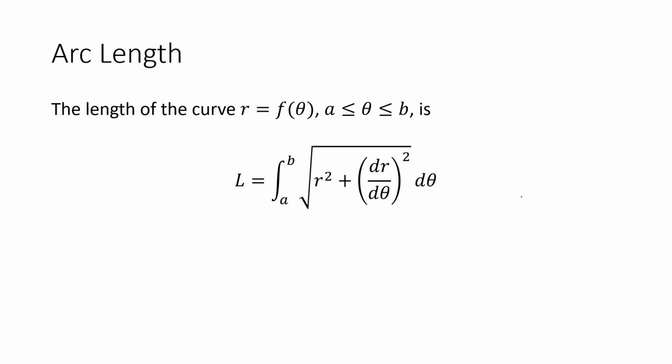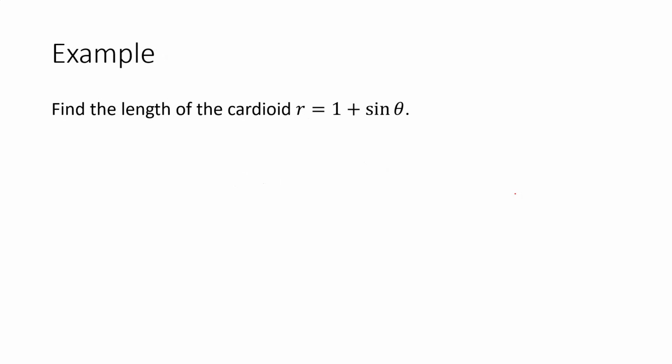So let's practice this a little bit. Let's find the length of the cardioid r equals 1 plus sine theta. If r equals 1 plus sine theta, what's r prime, or dr d theta? It'll just be cosine theta. And we know the whole cardioid is formed with theta going from 0 to 2 pi.